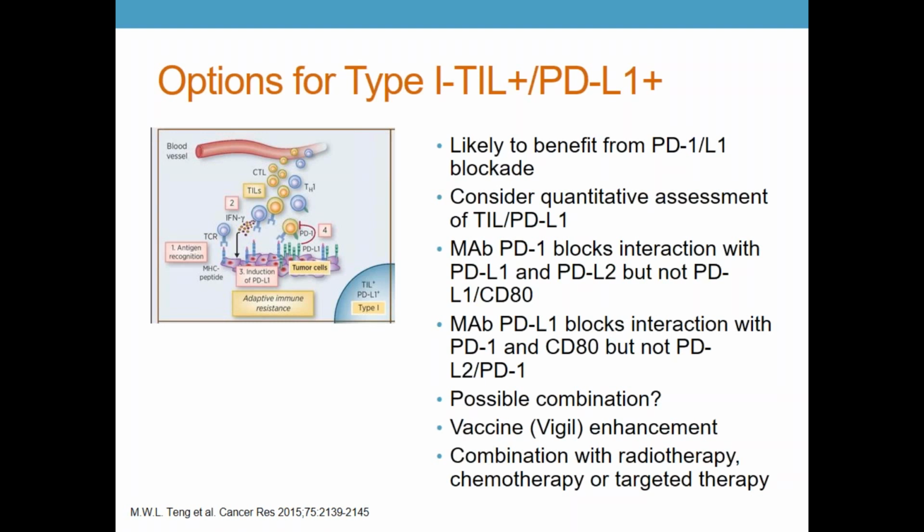So vaccination can certainly enhance the effectiveness of pembrolizumab and other of these inhibitor checkpoint inhibitors. And then by combining judiciously with radiotherapy, chemotherapy, and targeted therapy, a lot of these combinations will also result in an increase in PD-L1 or an increase in tumor death that will expose new antigens and attract more T cells. So there are multiple options we have for this type 1 situation.